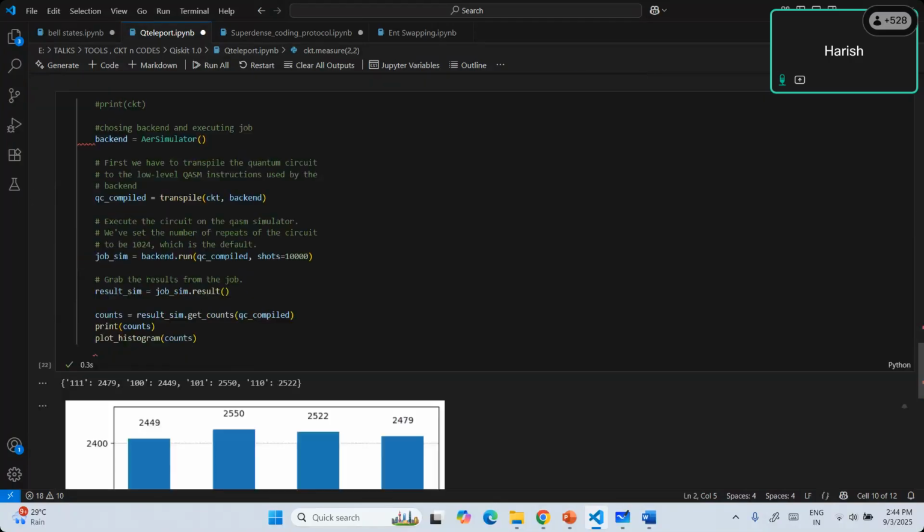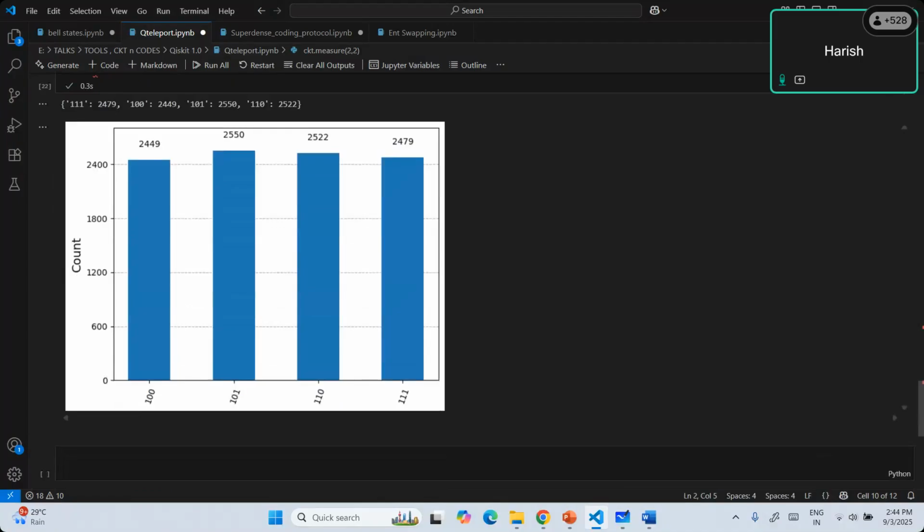In the result, 001 basically means that Q1 and Q2 are 00, but the third qubit is 1. See here, everywhere the third qubit is 1. 1 0 is the first and second qubit, and this is the third qubit 1. So everywhere your third qubit is 1, which you wanted to send.